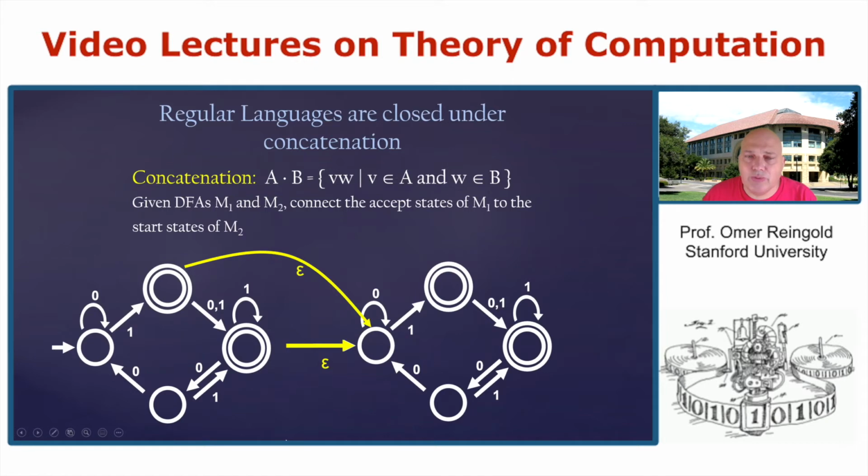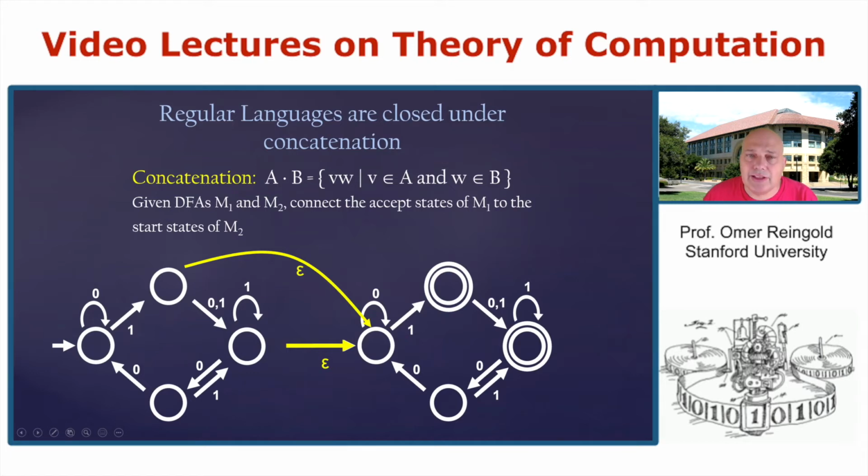So that's almost done. What else should we do? Well, we should turn the accept states here to regular states, because otherwise we will also be accepting A. So you cannot accept just by staying in M1. You need to do a calculation in M1, reach a former accept state, and jump to the start state of M2 and do the calculation.